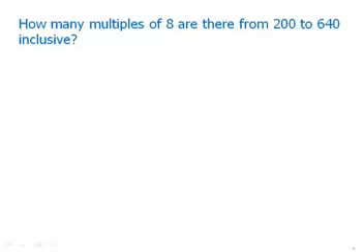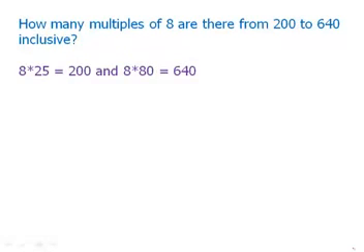Here's another one. Pause the video and then we'll talk about this. Okay, how many multiples of 8 are there from 200 to 640 inclusive? Well, 8 goes into 200 25 times, 8 goes into 640 80 times, so it's really like counting the integers from 25 to 80.